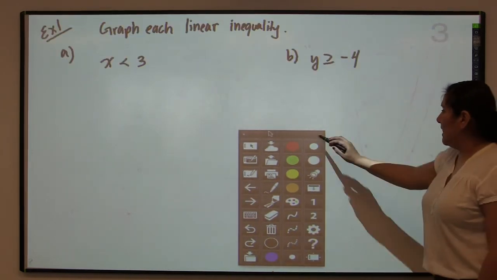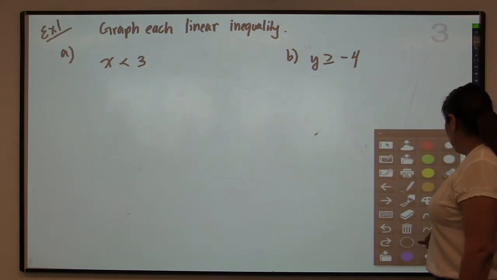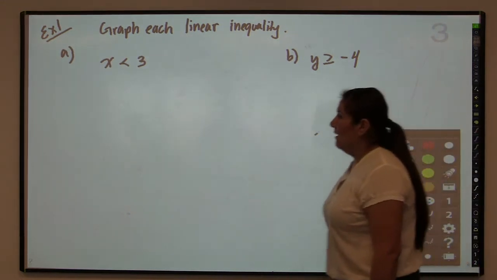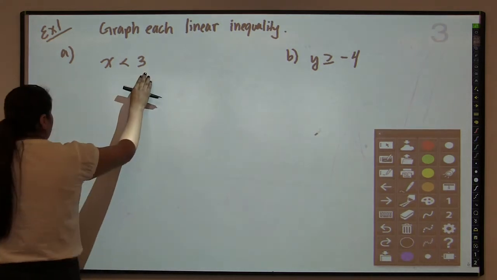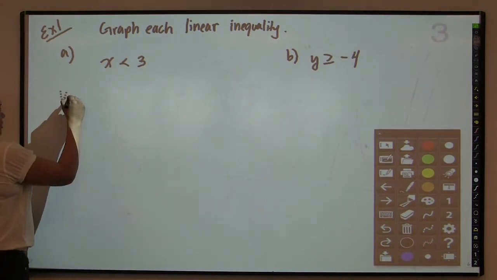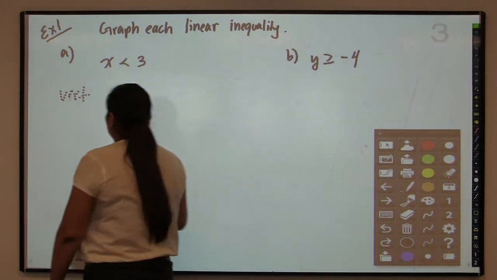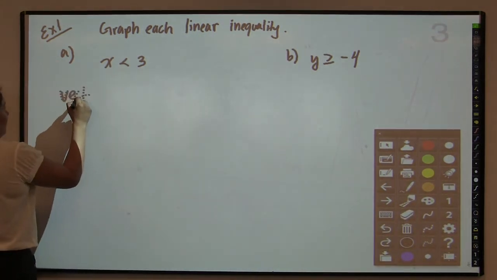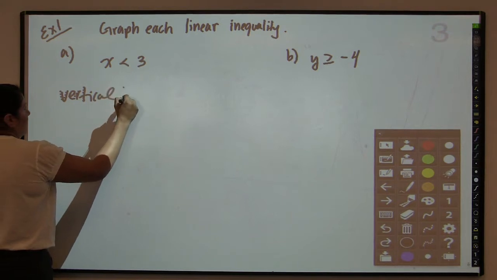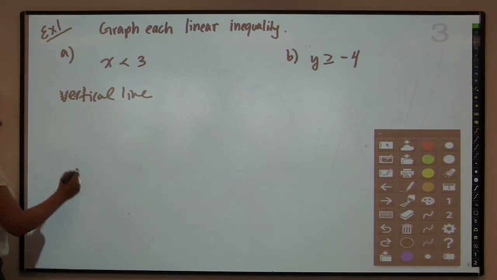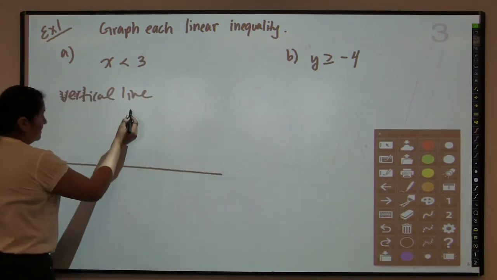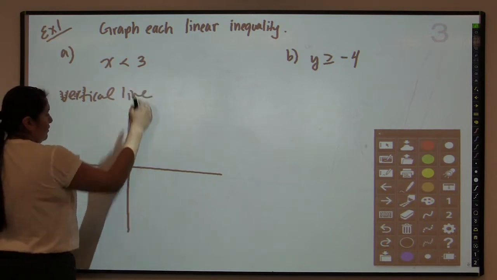We're going to start with some examples here, and I'm going to show you how to graph these. Because this is x and only a number, I know that this is going to be a vertical line. And we know that vertical lines are going to cross the x-axis at, in this case, 3.